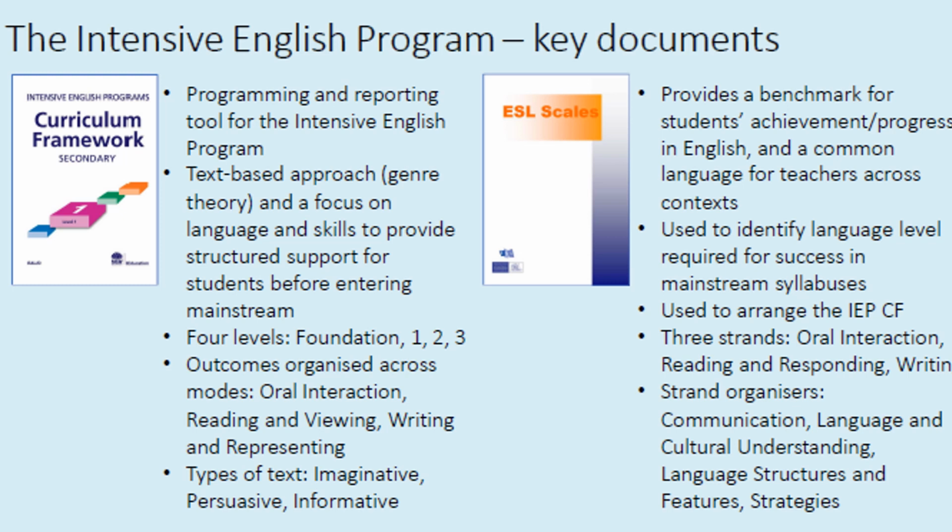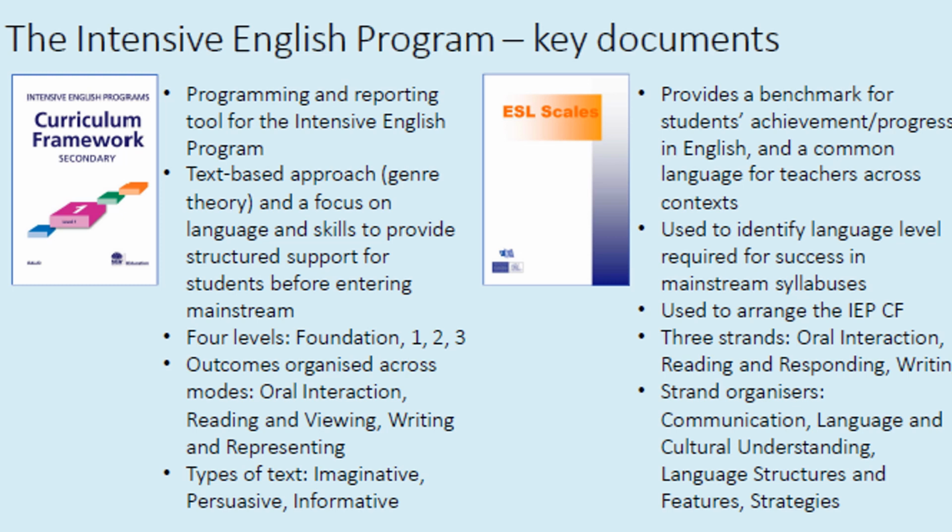There are 4 levels in the curriculum framework: Foundation, Level 1, Level 2 and Level 3. And the outcomes are organised across modes: oral interaction, reading and viewing, writing and representing. And the types of texts are organised into imaginative, persuasive and informative.